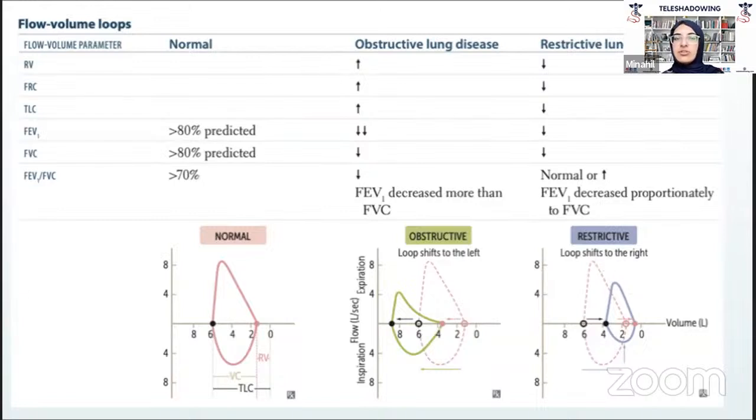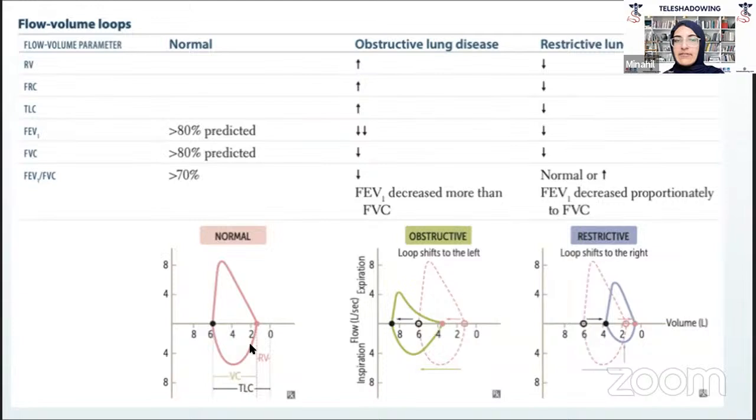In a normal flow volume loop, the loop has a typical shape: a steep rise to peak flow and then a linear descent. Linear meaning like a line, a normal line that goes down with a consistent slope.